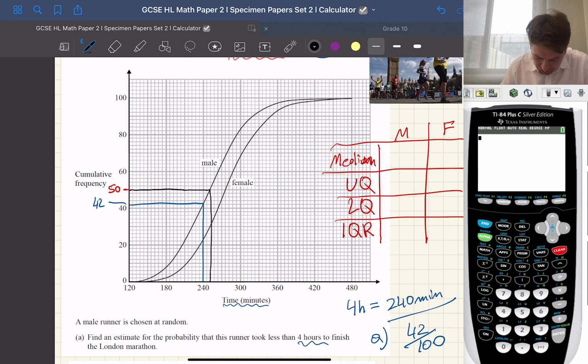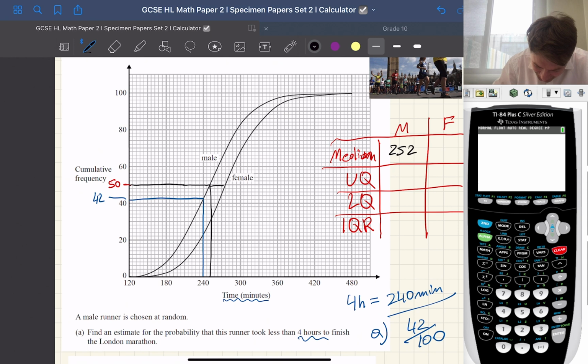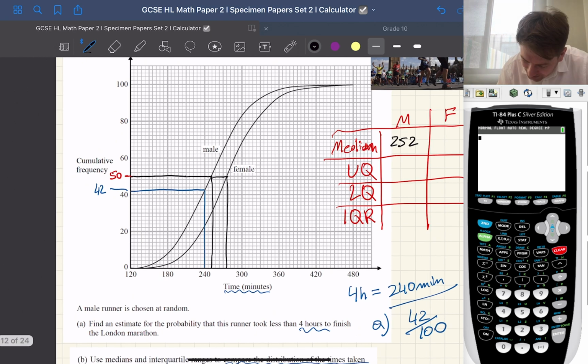I believe this goes up in six units each, so I'm going to say this is 252. I just have a bit of a bigger graph here on my laptop. There we go. And then for female, if I carry on, it's there, and that would be 258, 276.